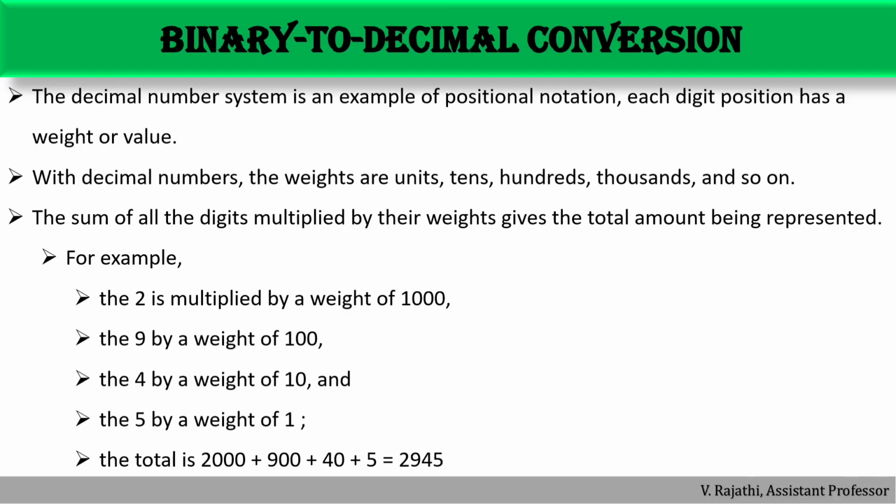For example, 2 is multiplied by its weight of 1000, 9 by the weight of 100, 4 by the weight of 10 and 5 by the weight of 1. So 2945 will be written in this format: 2000 plus 900 plus 40 plus 5.